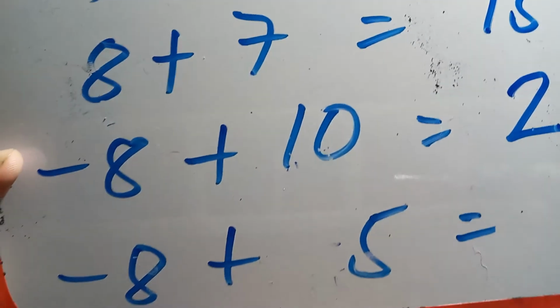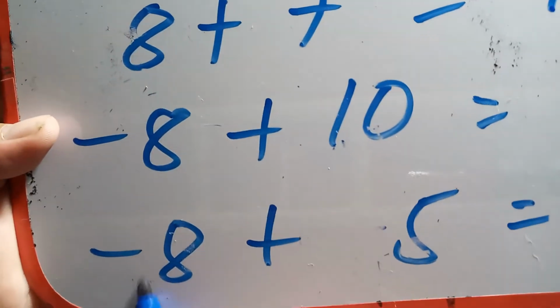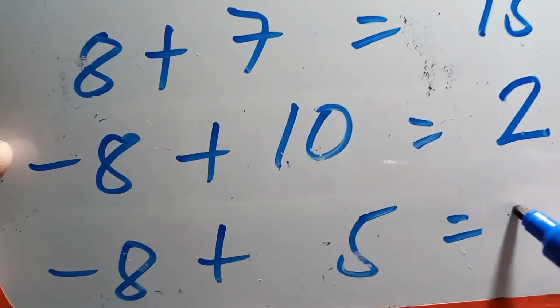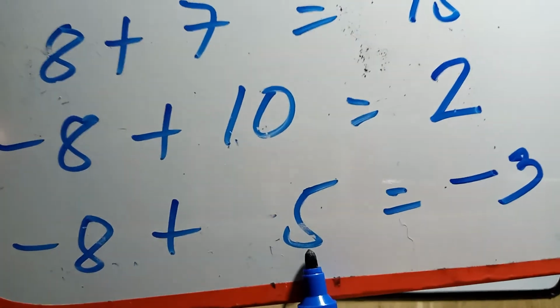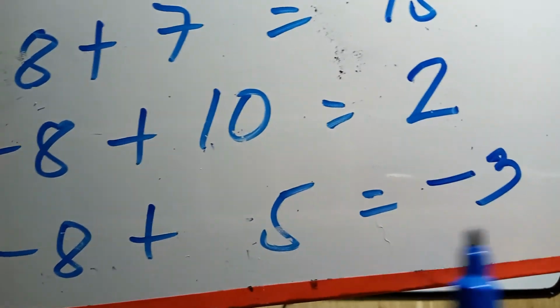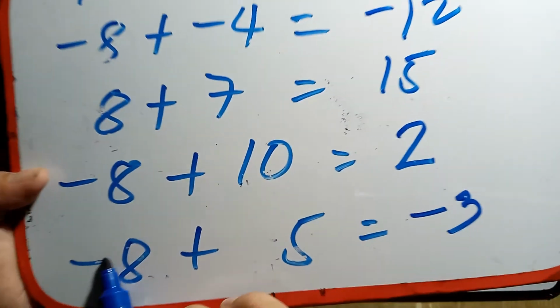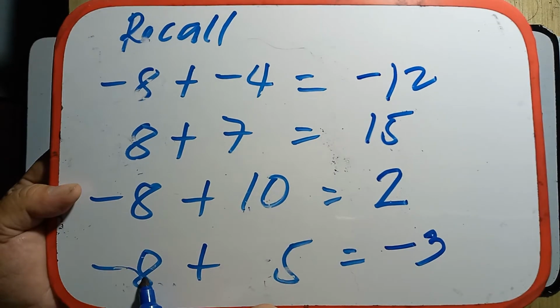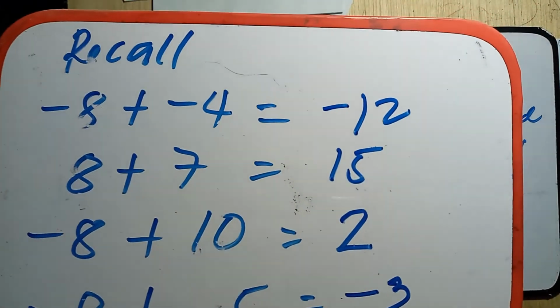So you take away 5, negative 5 from negative 8. So, that is negative 3. Or you simply subtract 8 and 5. 8 minus 5 is 3. Then get the sign of the number with bigger absolute value. So that's how to add integers having the same sign and different sign.